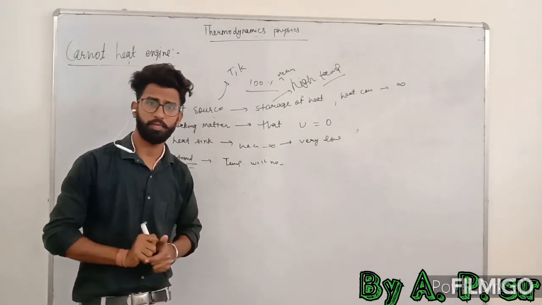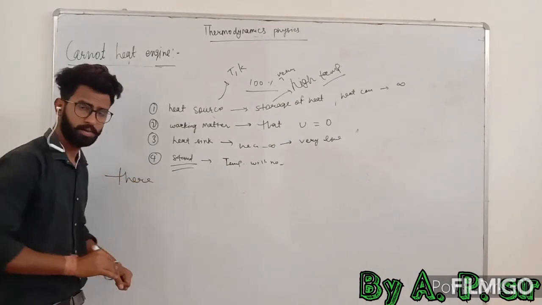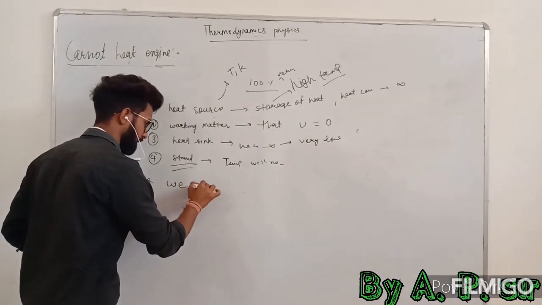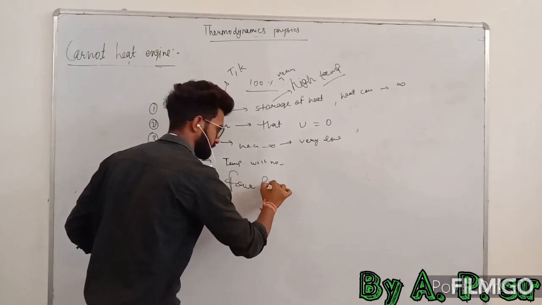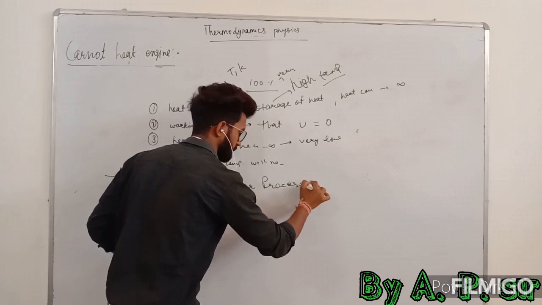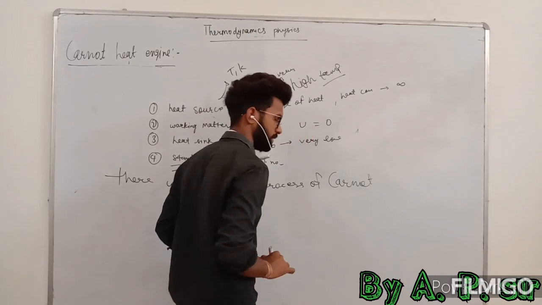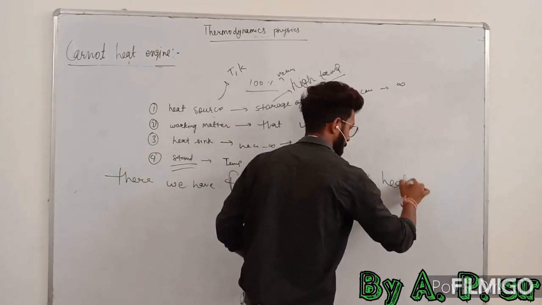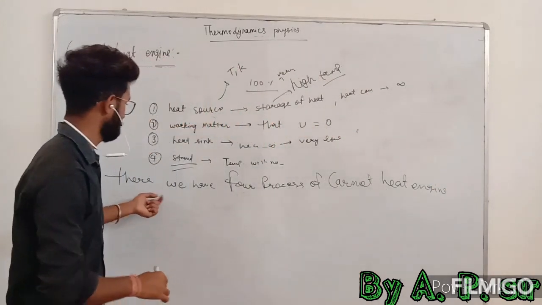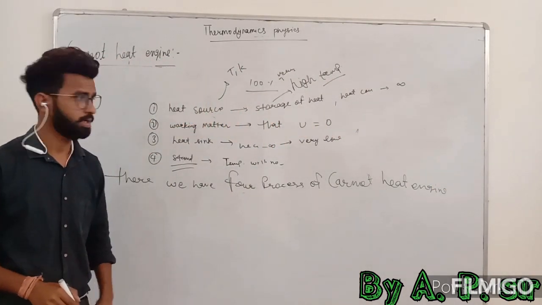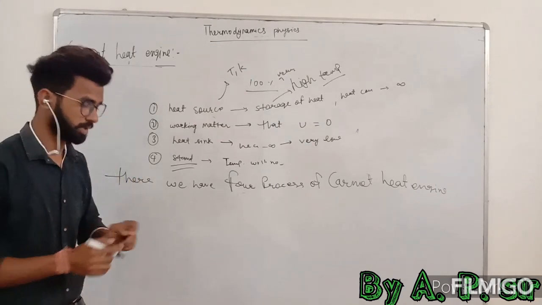Now we have 4 processes of the Carnot heat engine and 1 graph.